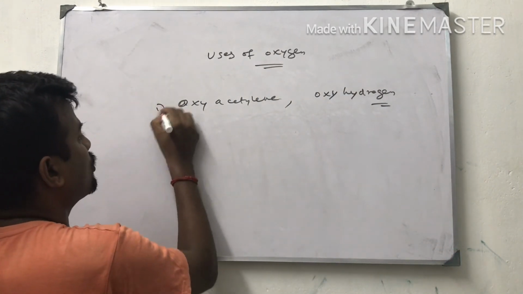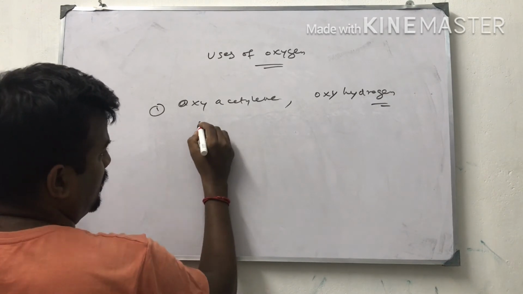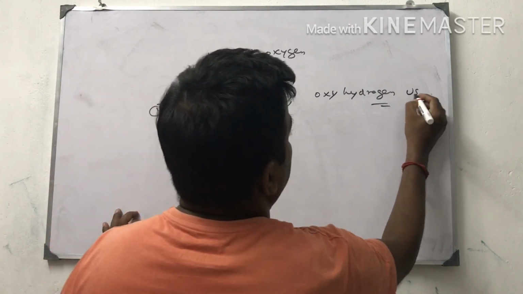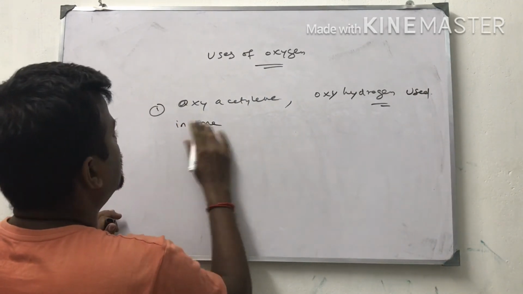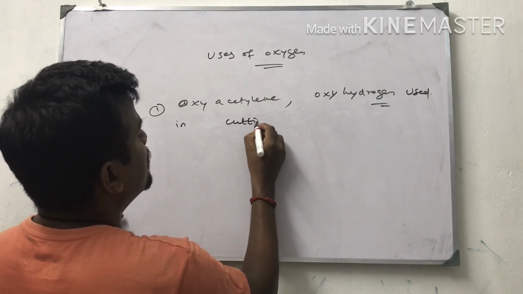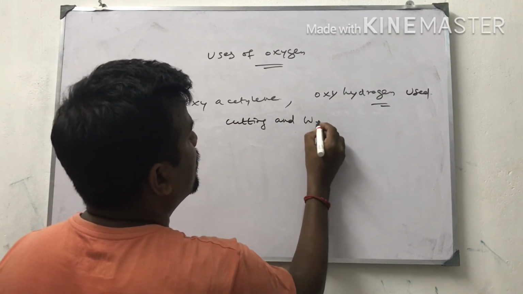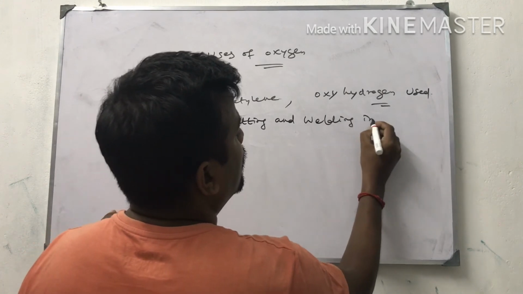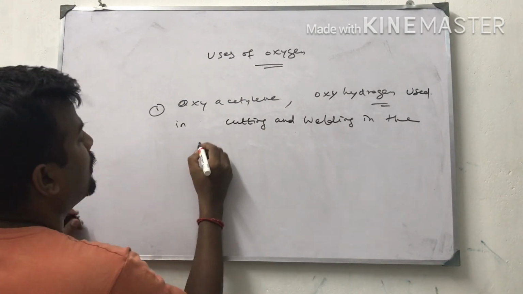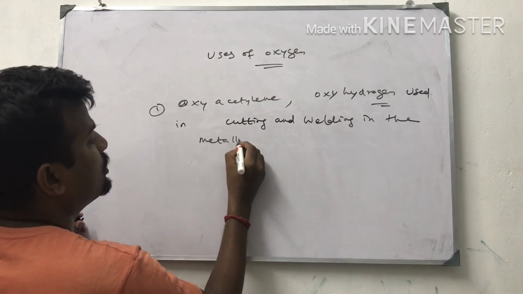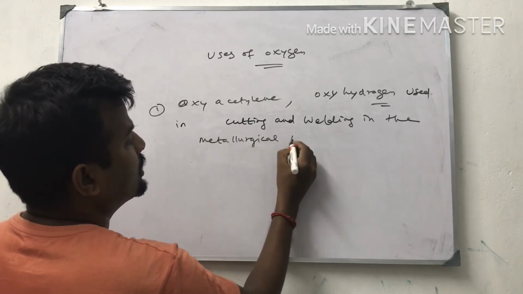Oxygen is used in cutting and welding in the metallurgical industry.